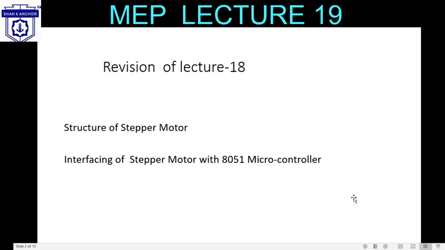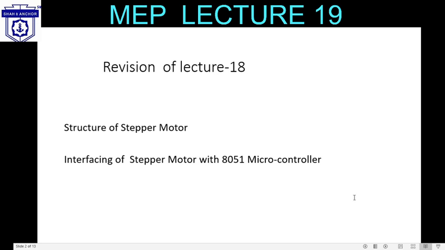The first is wave drive mode, where only one coil is energized at a time. Then we have full drive mode, where two coils are energized at the same time. The third is half drive mode, where it energizes the first coil, then energizes two coils simultaneously. So it is a combination of wave mode and full drive mode.